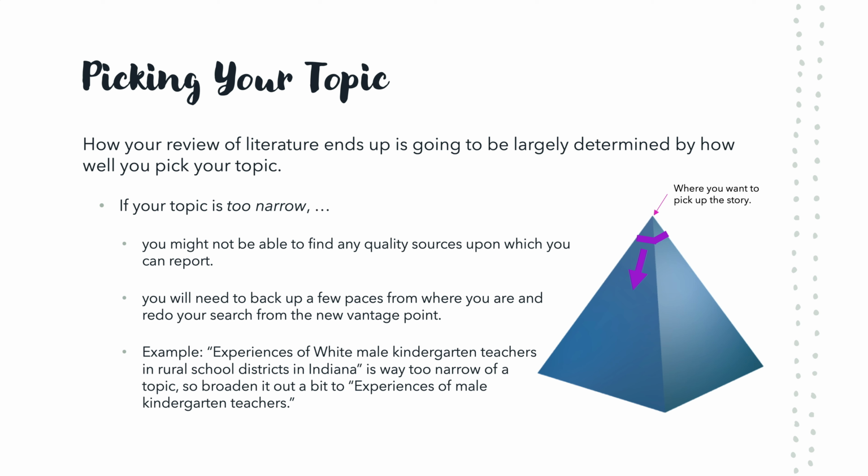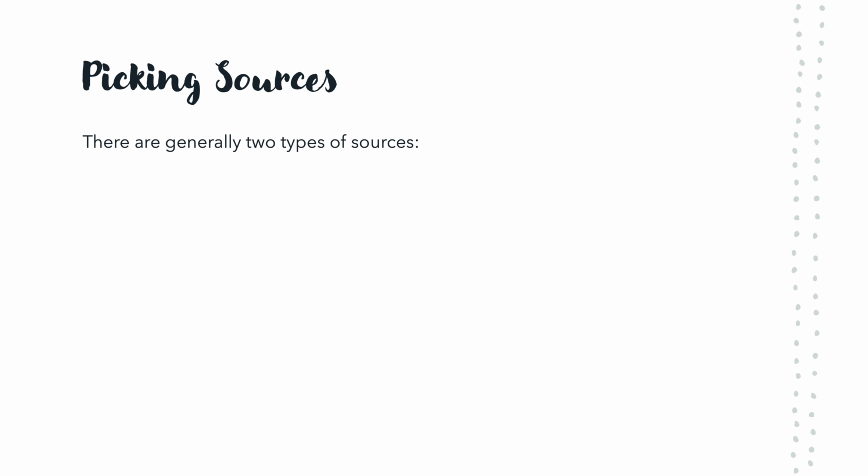But if you take a few steps back from there and you work your way to a more broad background, you might find some papers on the experiences of male kindergarten teachers. And then you could start your story where those articles leave off.